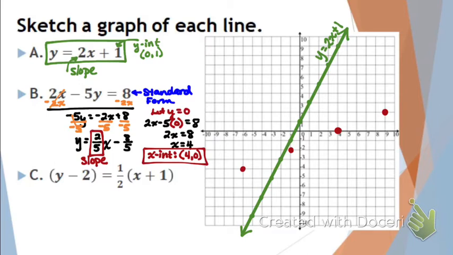And then grab my straight edge from there. I want to label that line. So that is 2x minus 5y equals 8.